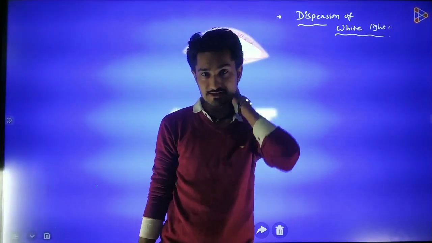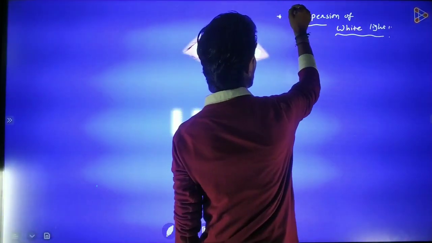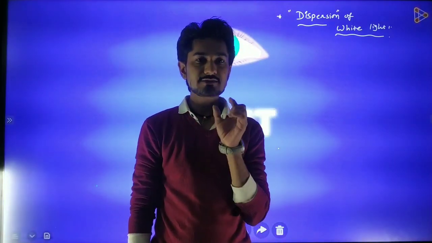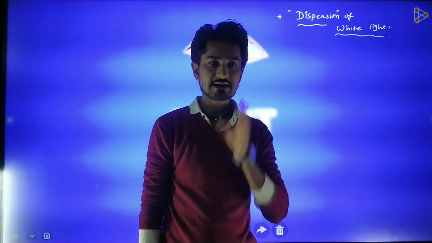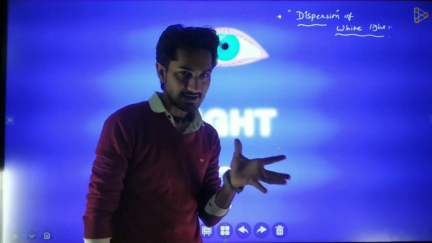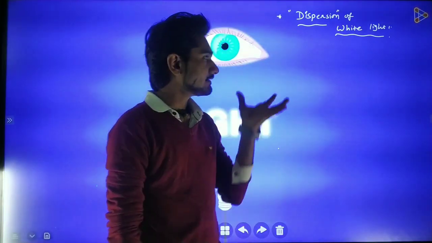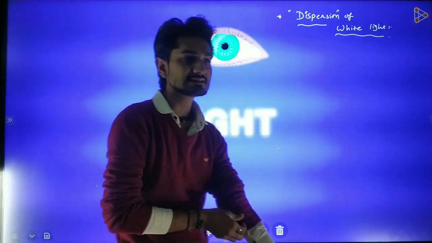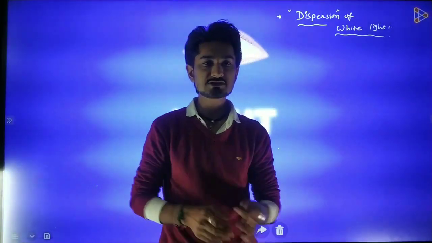The first thing that we have to understand is what dispersion is. If we cut down the white light into so many parts, if we refract the white light into some parts, that is basically called dispersion. Dispersion means to divide. Okay.